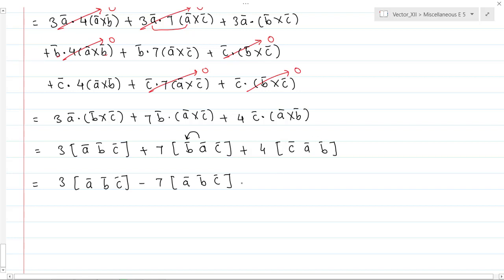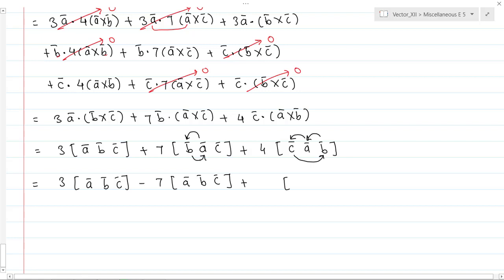Okay, so if you want to write it in the fashion of ABC, then what will happen? A will go this side, B will come here, and C will go this side. See, this is what we mean by a cyclic change. This is not a cyclic change.